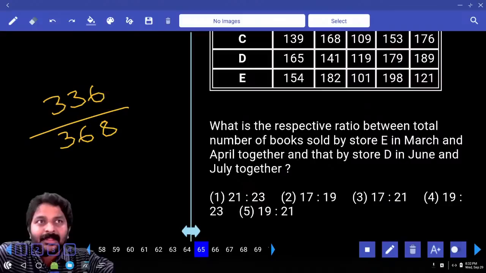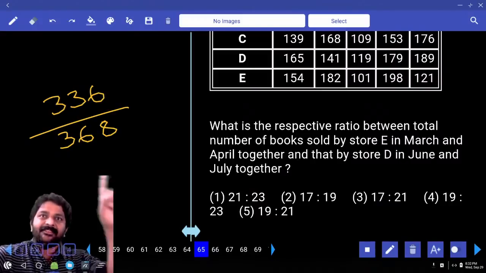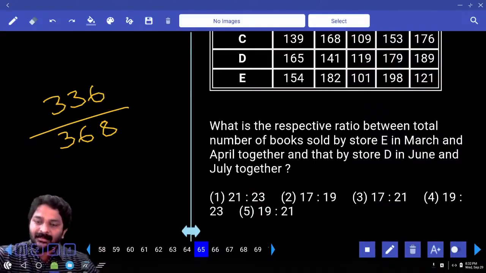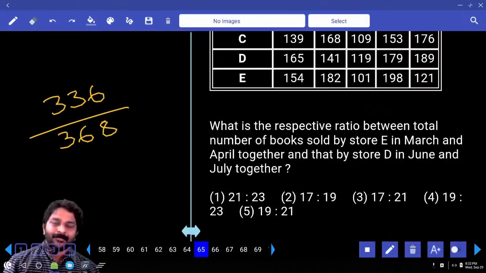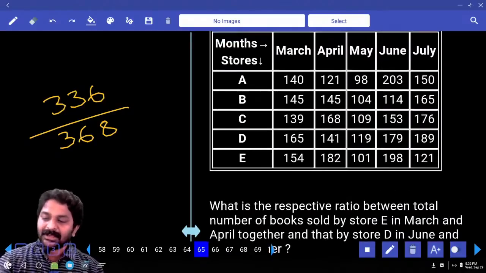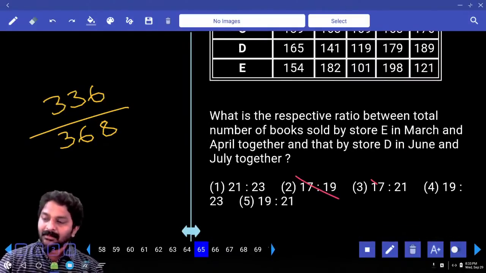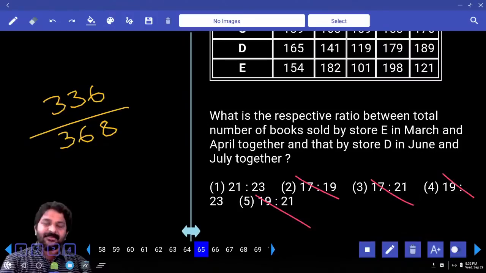Is your denominator a 3 multiple? Then in your answer, your first number should be a 3 multiple. Can it be the first option? Can it be second, third, fourth, fifth? First option final. Your numerator is a 3 multiple, denominator is not a multiple of 3.